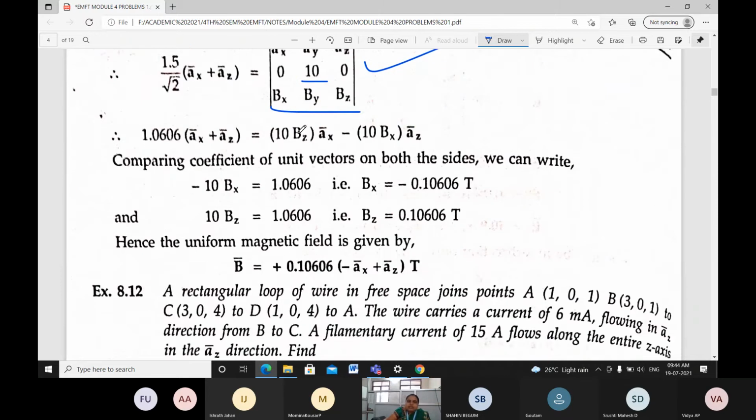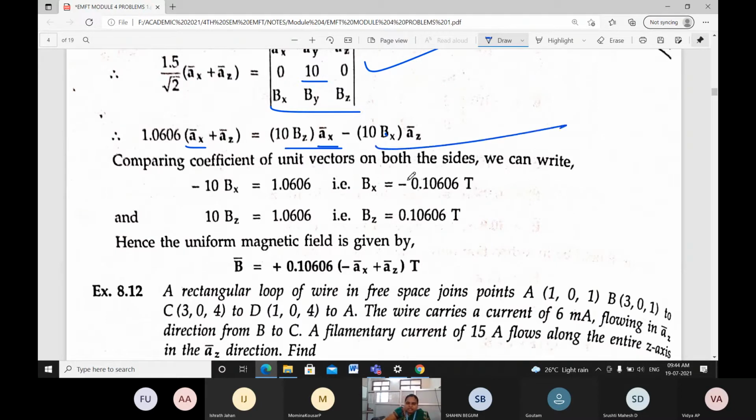Then comparing the coefficient values in terms of AX with AX, therefore 10 into BZ is going to be equal to what? 1.0606. Then for AZ, it's going to be 10 BX. Here you will be getting the BZ value, here you will be getting the BX value.